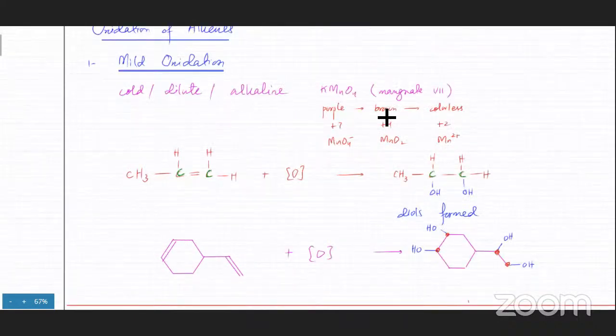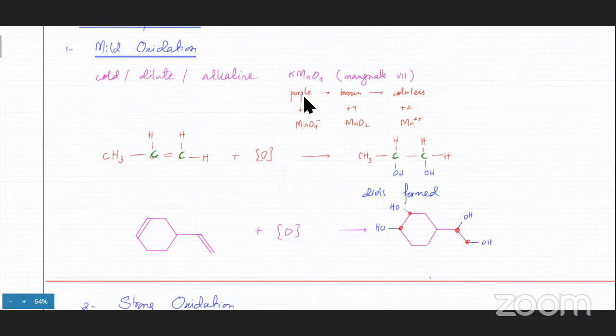Okay, so alkenes, mild oxidation, cold dilute alkaline KMnO4. If you use that, nothing would happen except that the double bond would turn into a single bond, and it's like an addition reaction. Two OH groups are going to get added to the double bond. So if you have double bonds in a molecule, the double bonds would go away, and OH groups would get added to the carbon atoms.